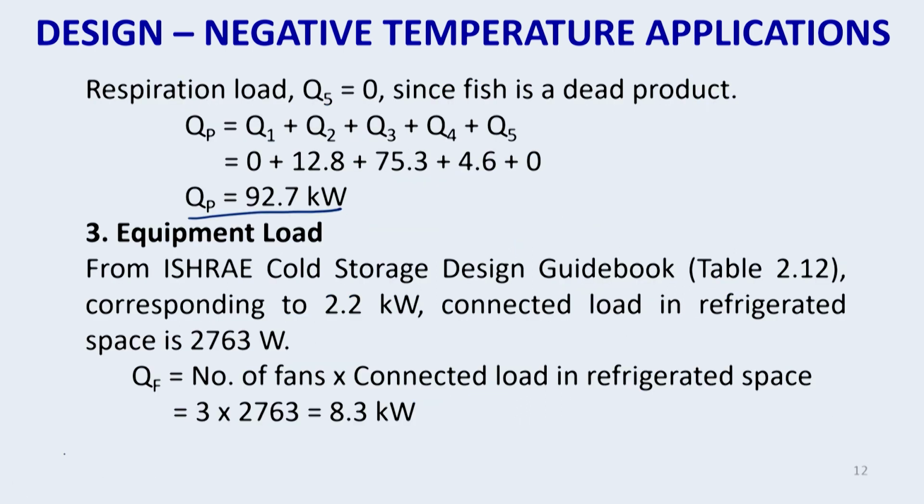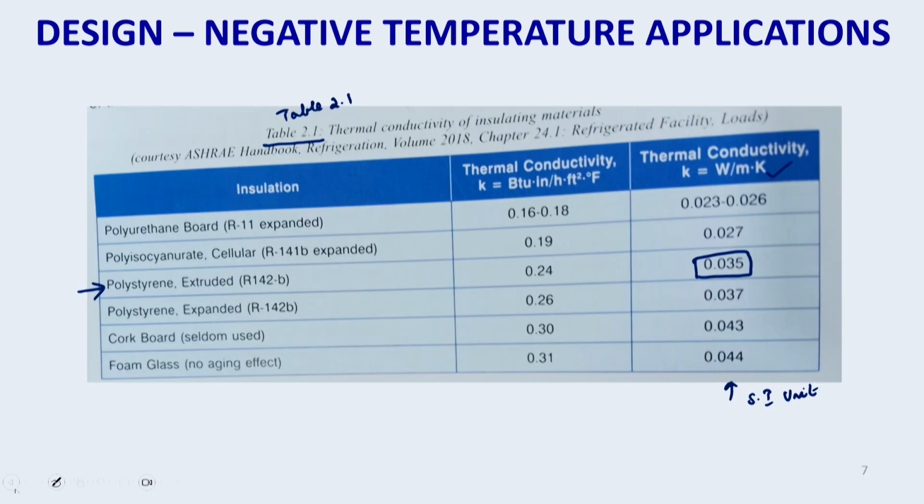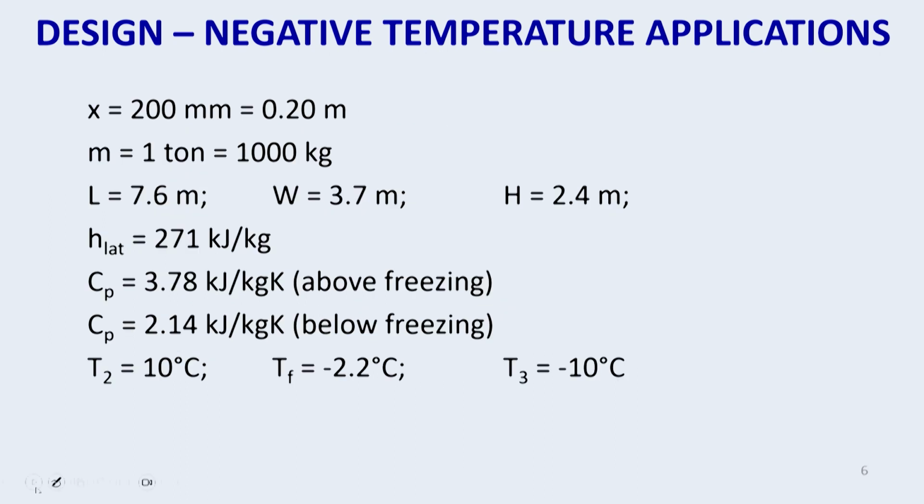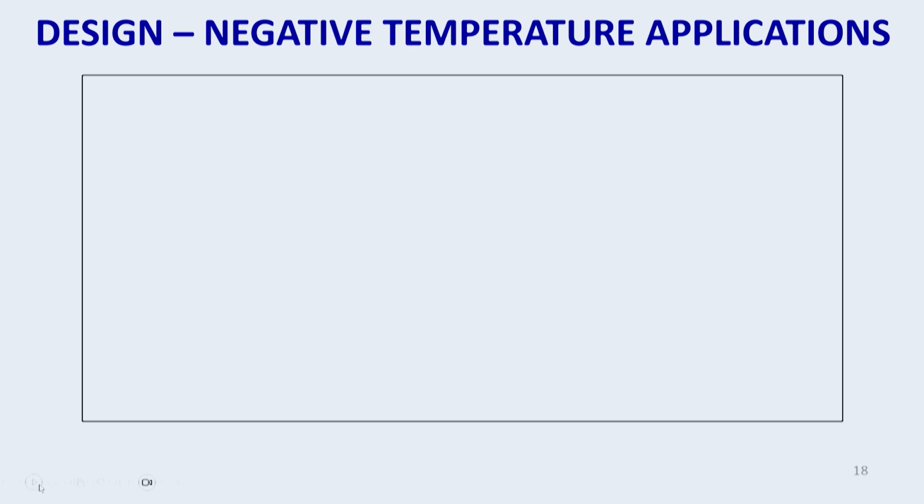So next, equipment load. Since we have already calculated, I will quickly go through it. From the ISHRAE Cold Storage Design Handbook, table 2.12, corresponding to 2.2 kilowatt, because this is given in the question. Number of fans are 3, each of 2.2 kilowatt. So now the third one is equipment load. That is QF.